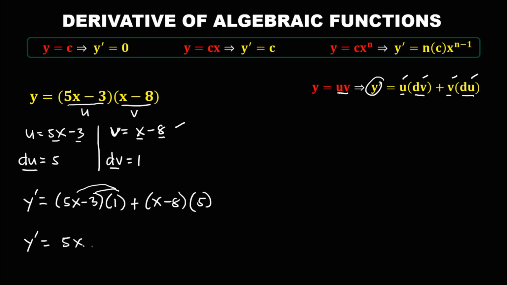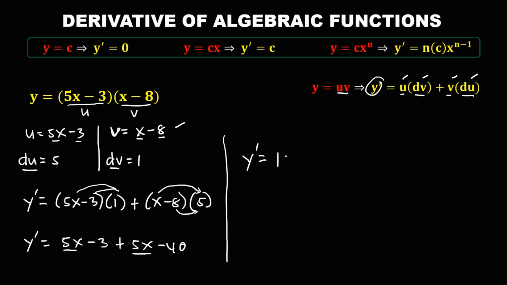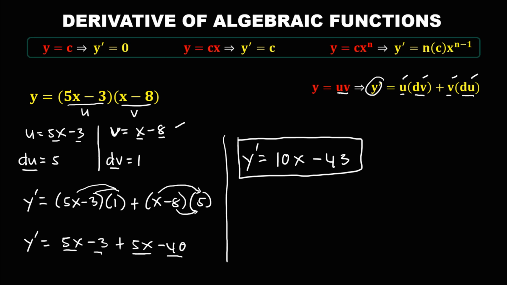So this is 5x minus 3, then plus multiply that 5x, minus 40. Then simplify, so we have y prime equals 5x plus 5x, this is 10x, and negative 3, negative 40, negative 43. So this is now the derivative.